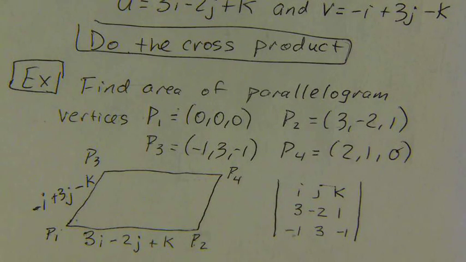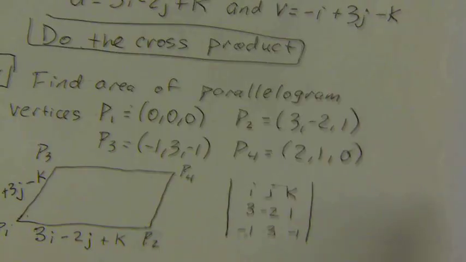Because you get a different cross product depending on where you put them. But once you do the magnitude, it's not going to matter, because we will square the numbers, and so it doesn't matter whether they're the negative of each other. So it doesn't matter which one you put where. We just need to do the math here.